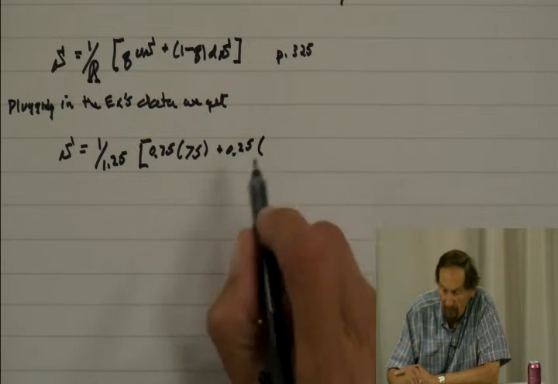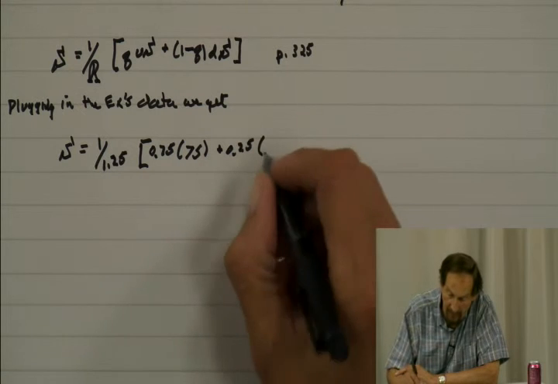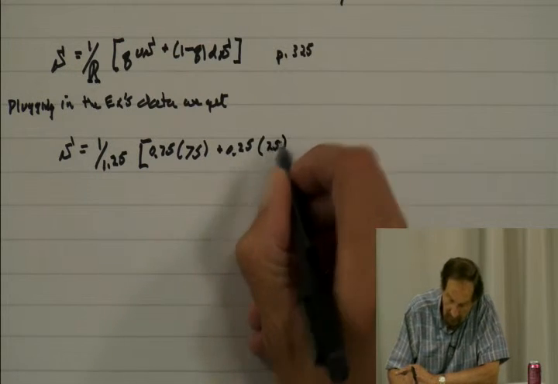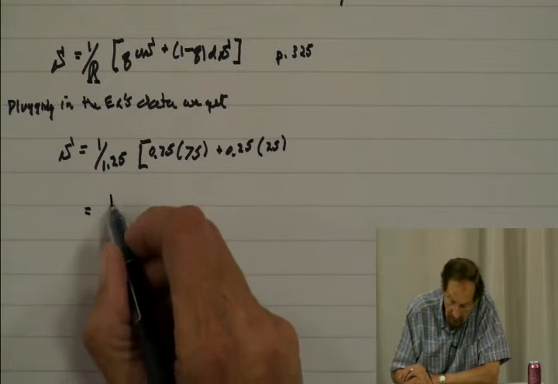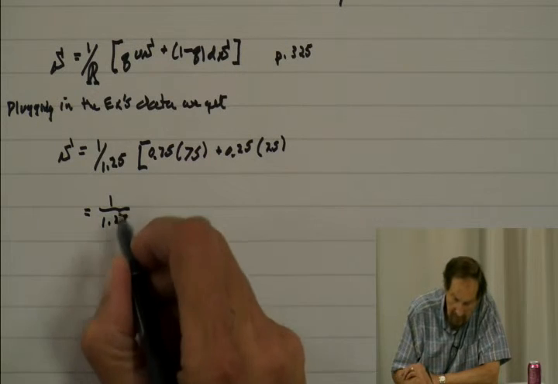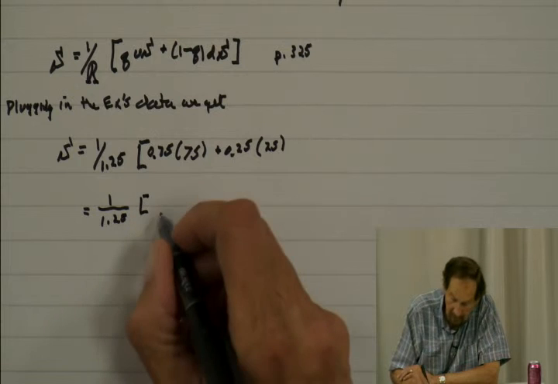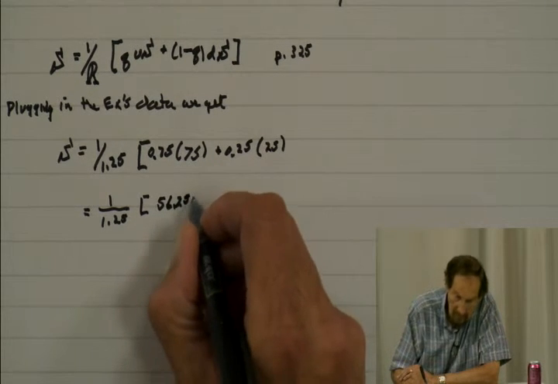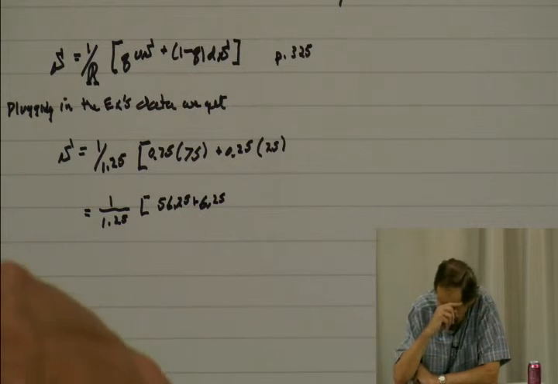Times, remember we could go from 50 to a half of 50 down to 25. And if you calculate this out, you get 1 over 1.25 times 56.25 plus 6.25. Okay.